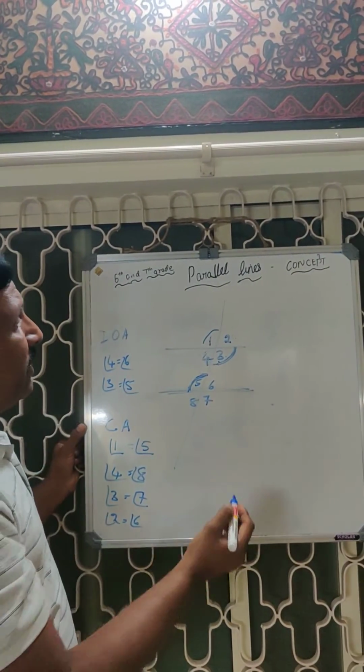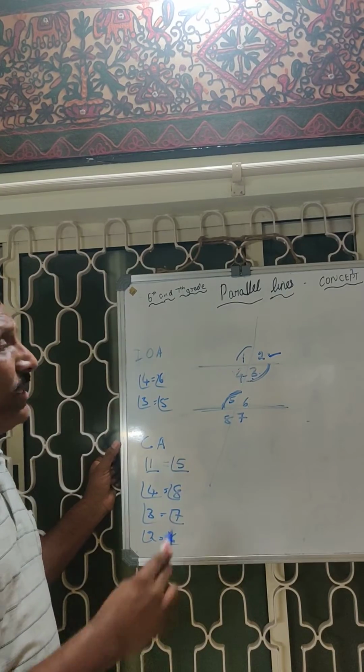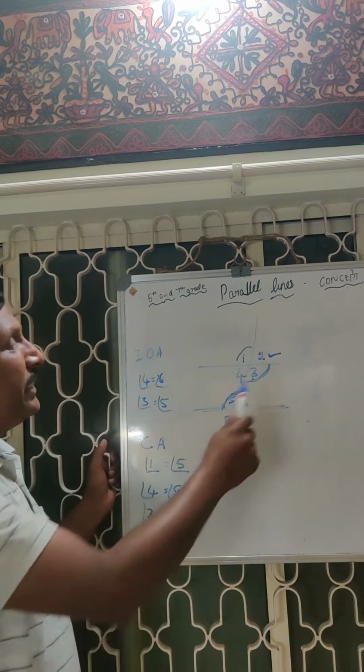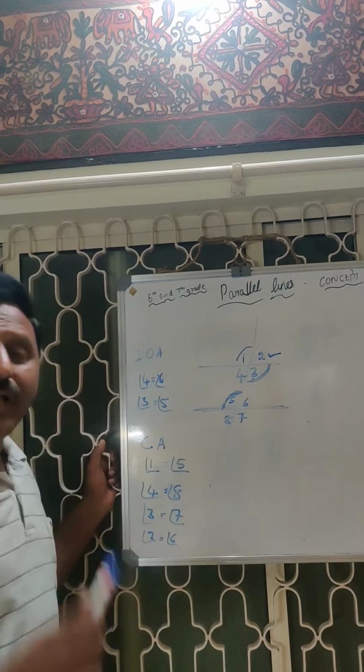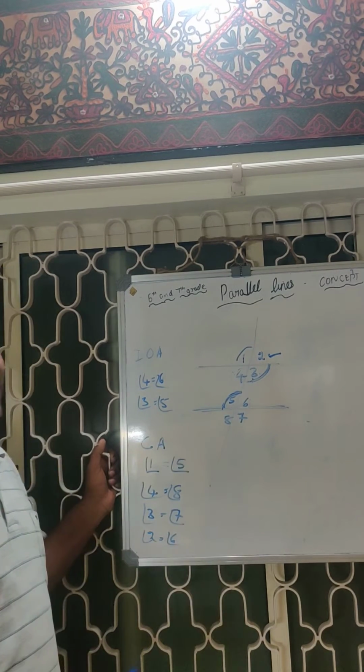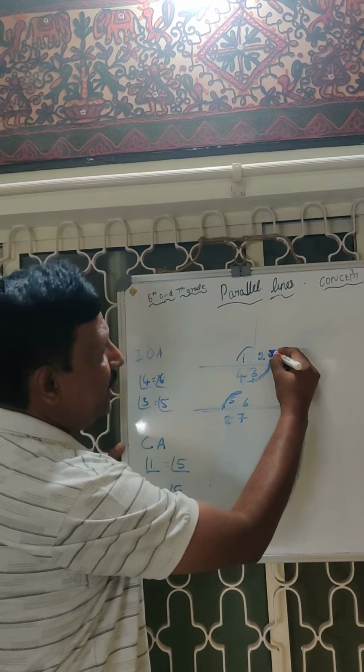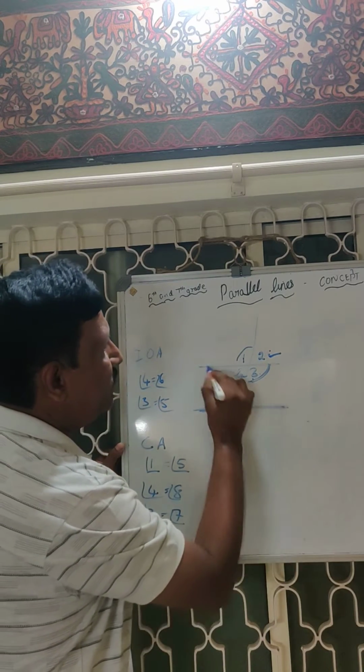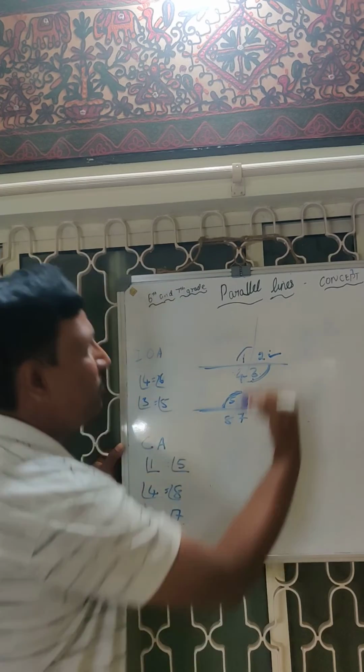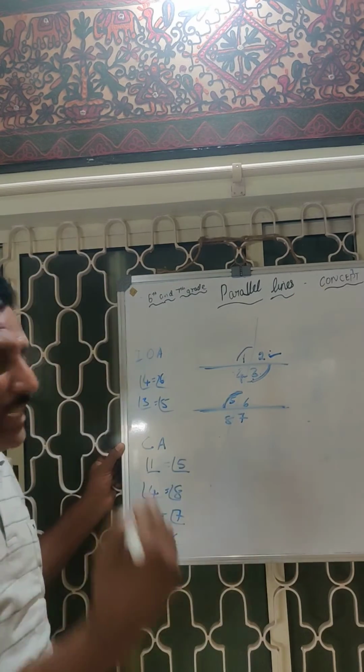Also, you should remember these. Other than these corresponding angles and interior alternate angles, we also have another two sets of angles called exterior alternate angles. If these two are the lines, this part and this part are exterior parts.